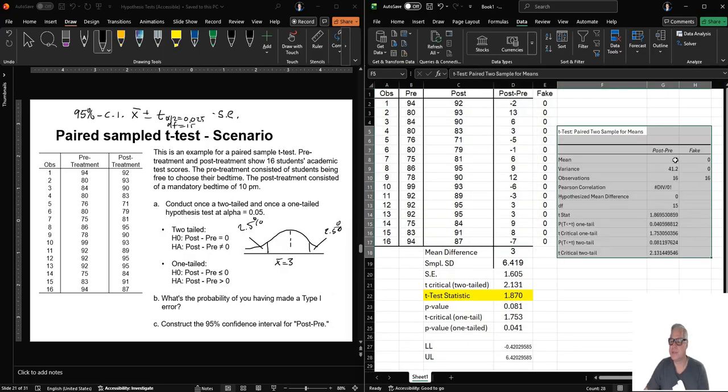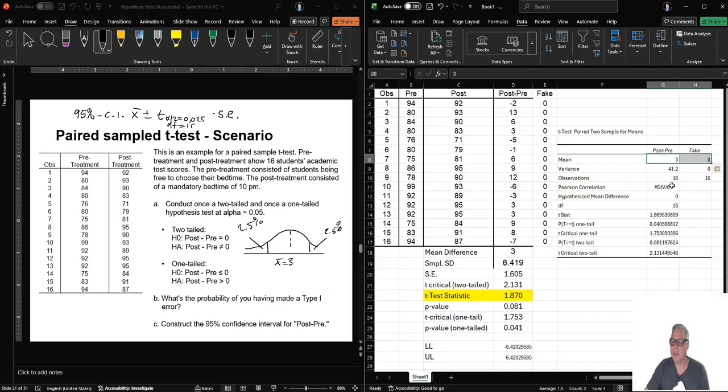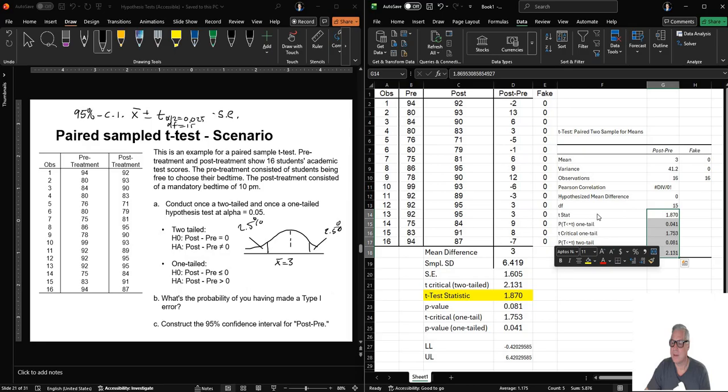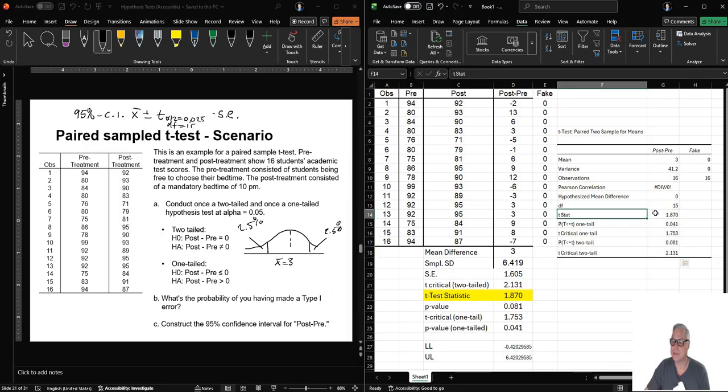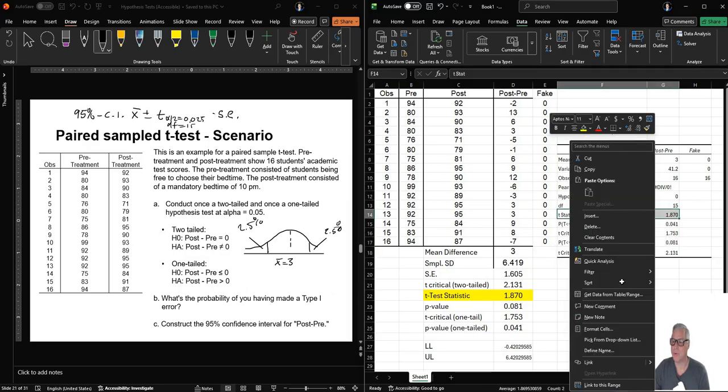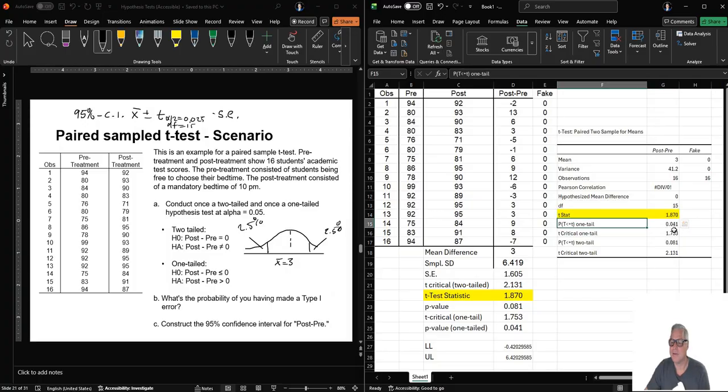And then you see the post minus pre is 3. It also gives you the variance, the number of observations, degrees of freedom. But the most important thing is here we get again a test statistic, which is again the 1.87. We get again the one-tailed p, which is 4%, which is why we rejected.